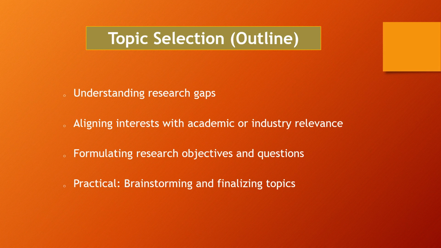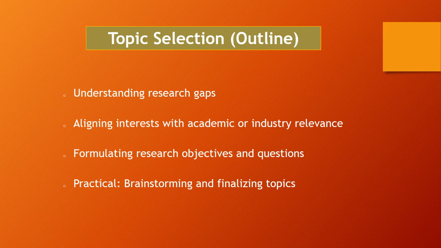When you want to choose a topic, you need to understand research gaps, because from there you can create your own topic, a standalone topic that will be relevant and good not just for your research work, but for policy recommended topics or research work. Number two, we're going to be looking at aligning interest with academic or industry relevance.